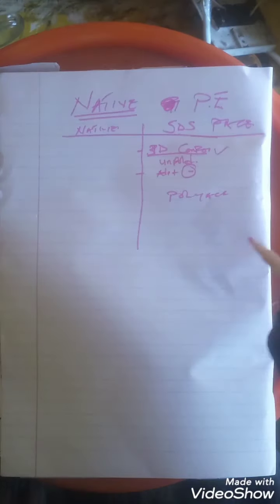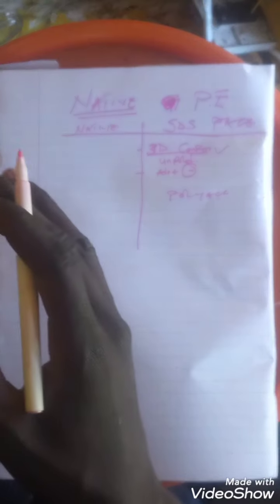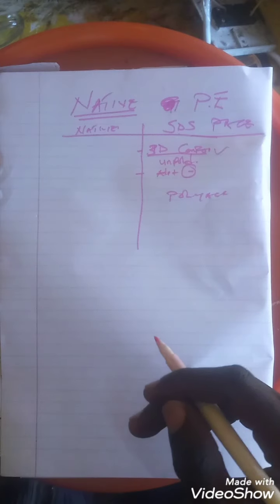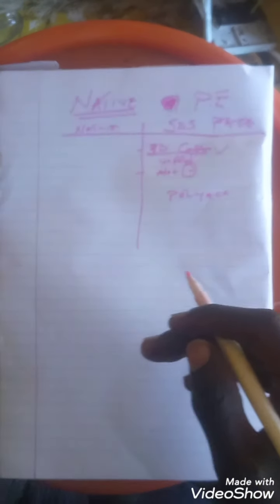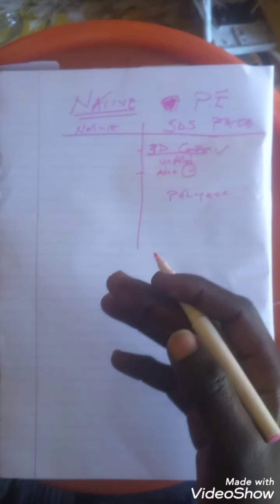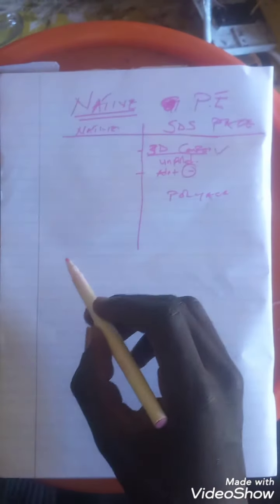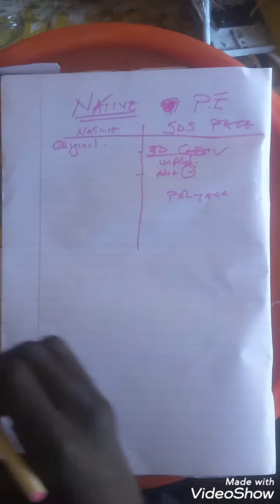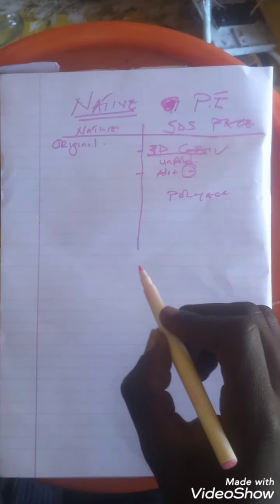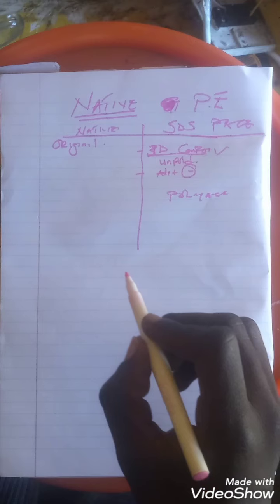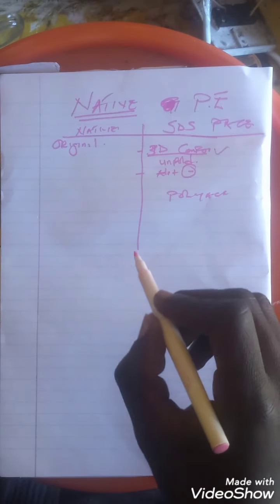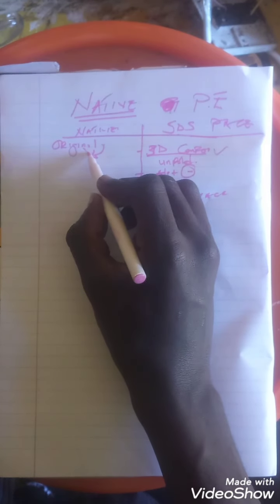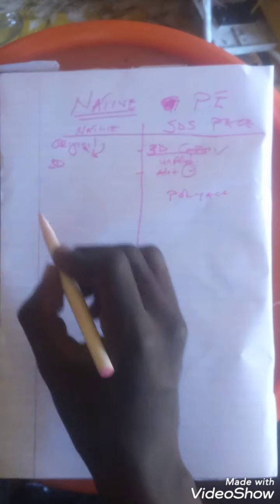It's polyacrylamide gel. Then let us now look at native electrophoresis. Native protein electrophoresis can be understood from just the word native itself. The word native means original. Which simply means that proteins in this type of electrophoretic separation are separated in their original form, which is 3D conformation.